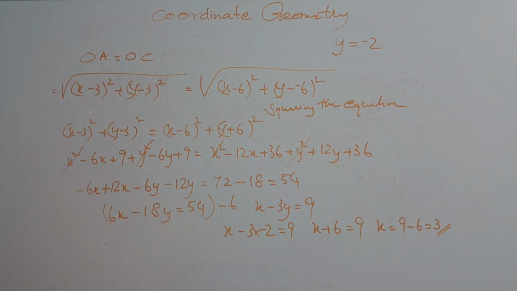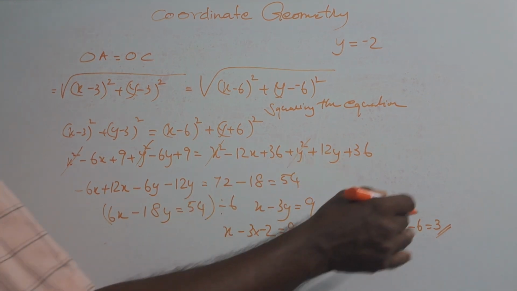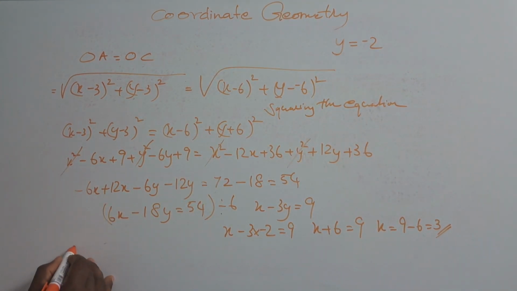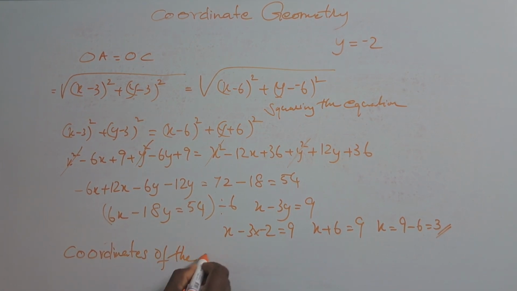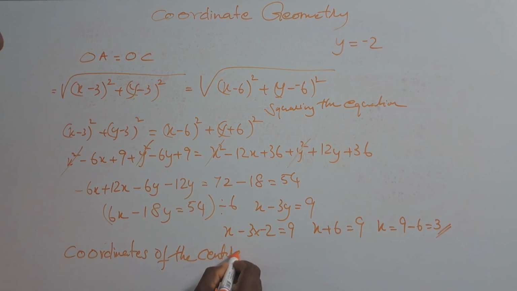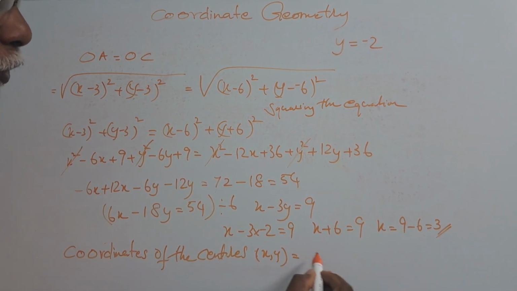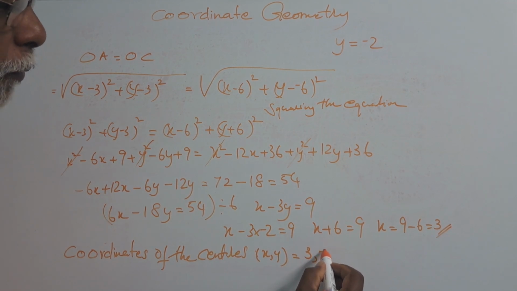So the coordinates of the center (x, y) is (3, minus 2). The coordinates of the center (x, y) is equal to (3, minus 2).